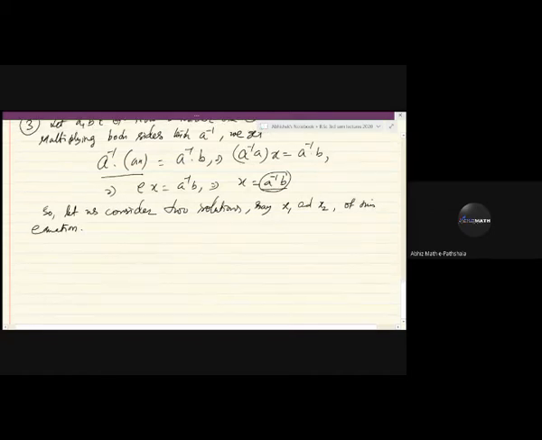Then we have Ax1 equal to B and Ax2 equal to B, right? And then we see that Ax1 equal to Ax2. From this equation, just multiply again both sides with A inverse, you will get the result.